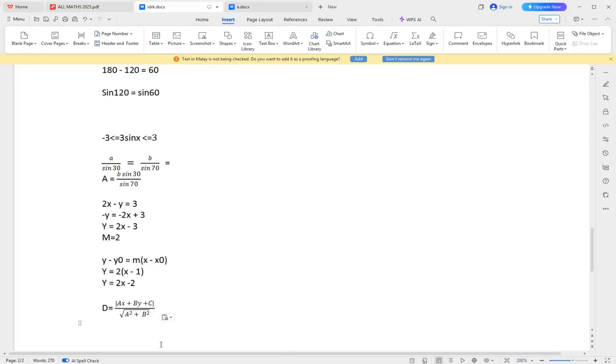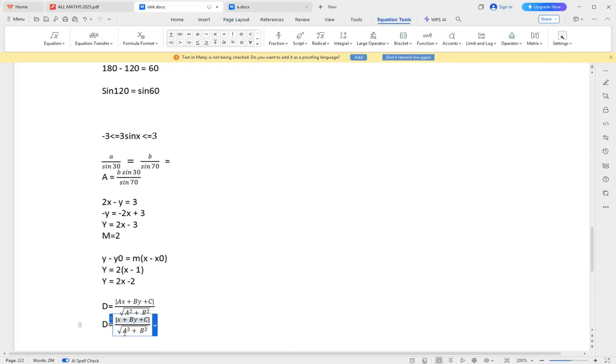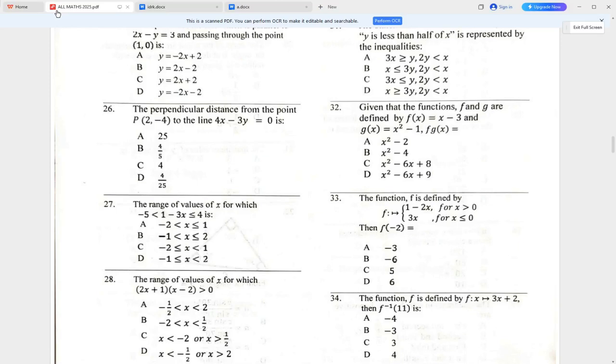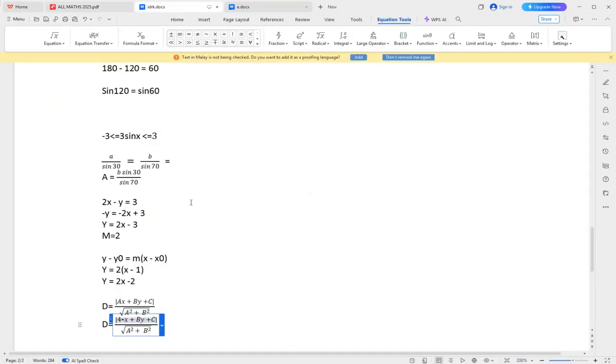To substitute all that in this equation, you have a is equal to 4 times our x, which is 2. Our b is equal to minus 3 and our y is equal to minus 4, and the value of c is 0, so we can just eliminate that.